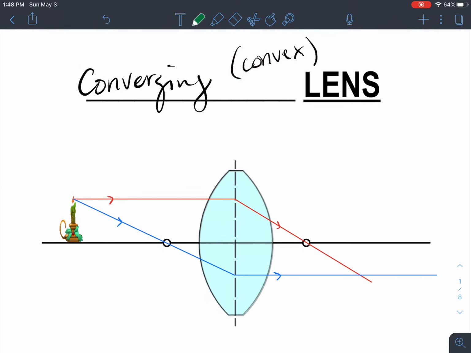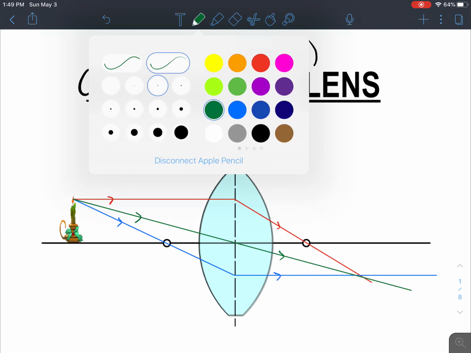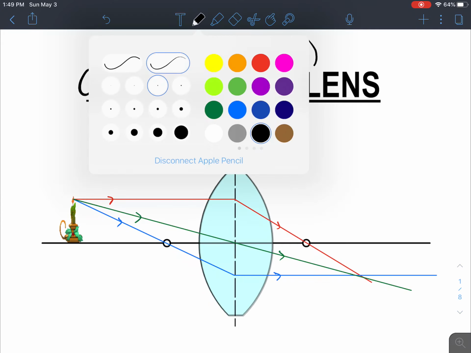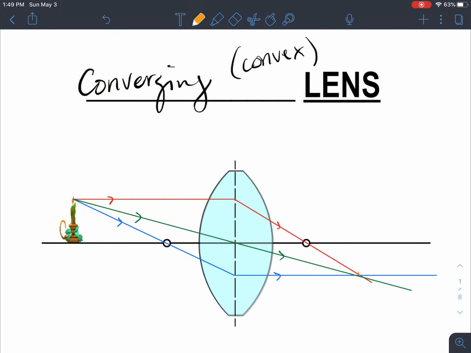And rule number 3, here is a light ray that's going to be going through the center. There we go. And I drew those pretty darn straight, so we're going to see that those light rays are going to converge on a point on the right side to form an image. Okay, so we're going to see that where those light rays converge, that's going to be where the flame of the candle is.